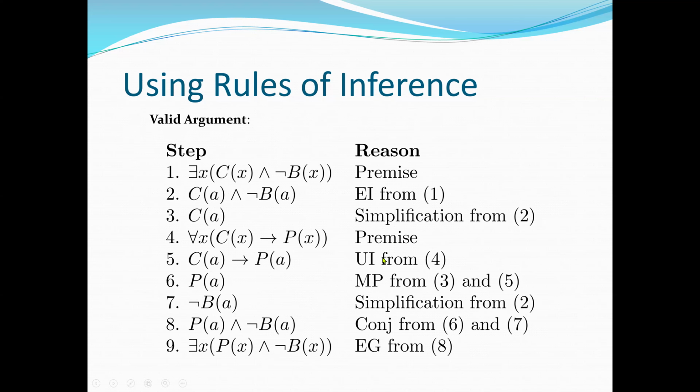Then C(a) implies P(a) is UI. Then P(a) is MP from 3 and 5. Then not B(a) is simplification. P(a) and not B(a) using 6 and 7. Then there exists x, P(x) and not B(x) gives us EG from 8.